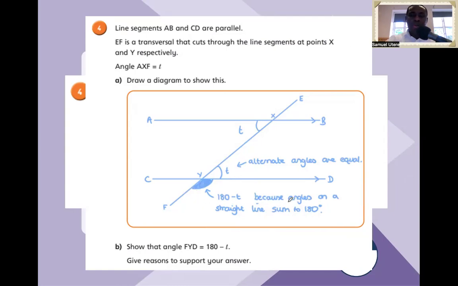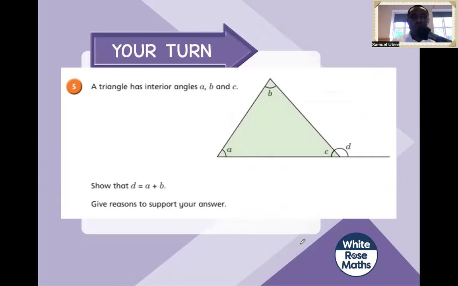Angles on a straight line sum to 180 degrees. More precisely, adjacent angles on a straight line sum to 180 degrees. So mark your work and celebrate your success.